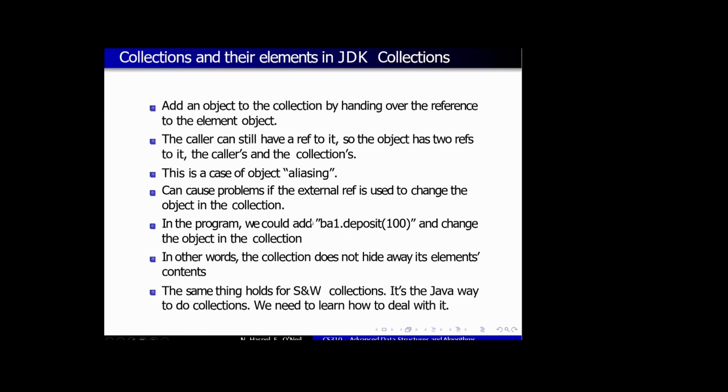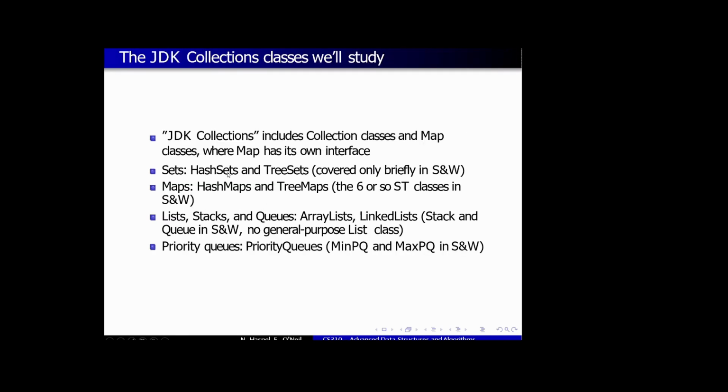Okay, so we've talked about the collection classes, but we also need to talk about the map classes. And now map has its own interface because it's so different. A collection is like a bag of things, but a map is like a function going from one element to another.